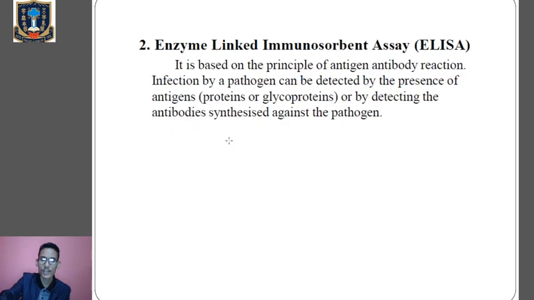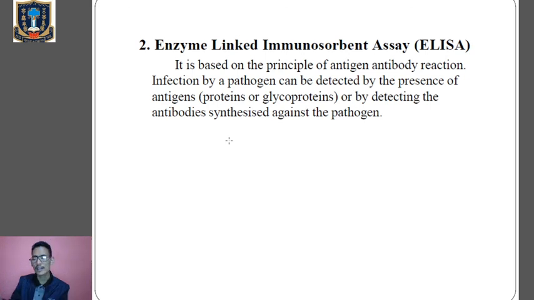Let's go to ELISA, the enzyme-linked immunosorbent assay, which is based on the principle of antigen-antibody reactions. Infection by a pathogen can be detected by the presence of antigens, which are mainly proteins or glycoproteins, or by the antibodies synthesized against the pathogen, because whenever a pathogen enters our body, it will develop specific antibodies.